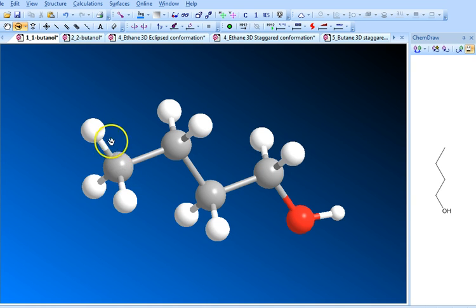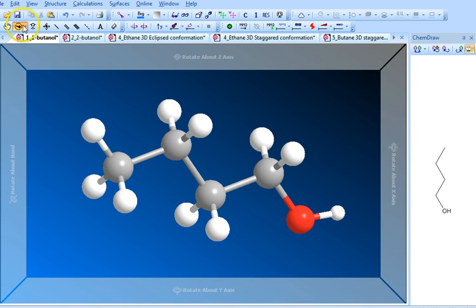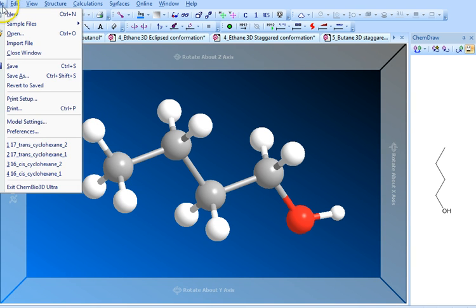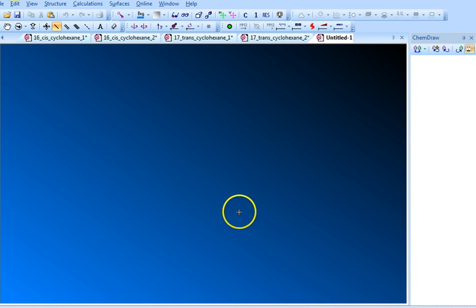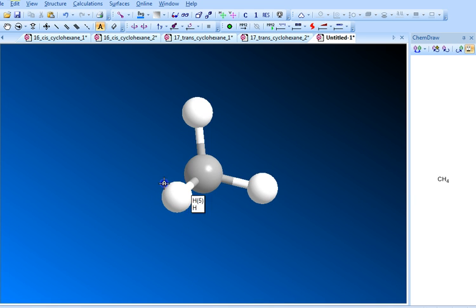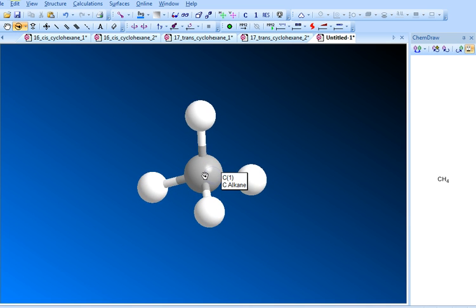This is called a tetrahedral arrangement. Let's take just one molecule, methane, because that is the simplest, and this is a carbon. Here again all the hydrogen, carbon, hydrogen bond angles are identical, 109.5 degrees.